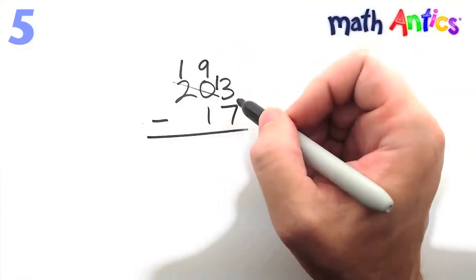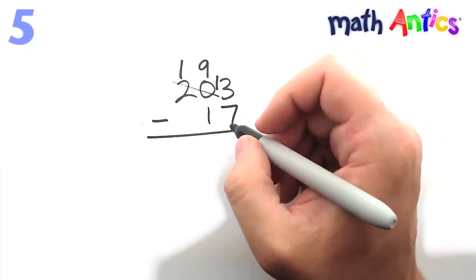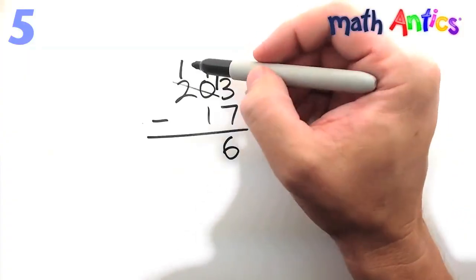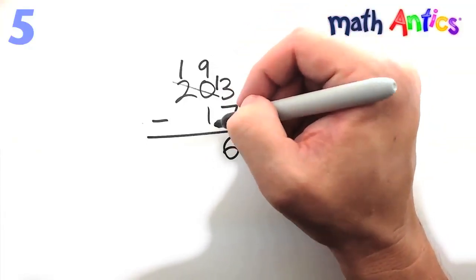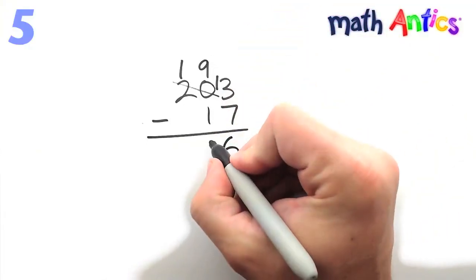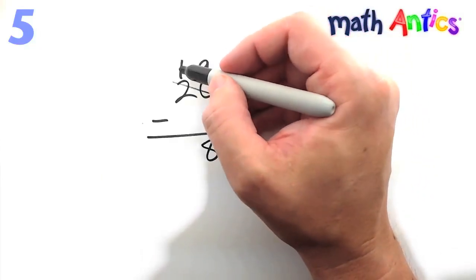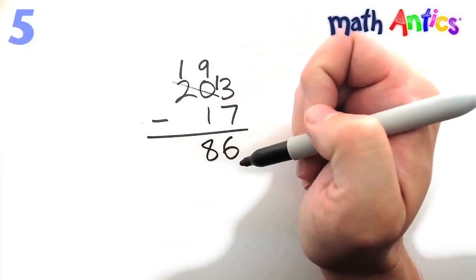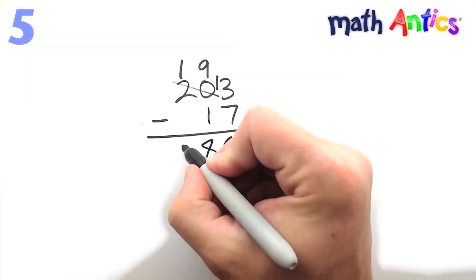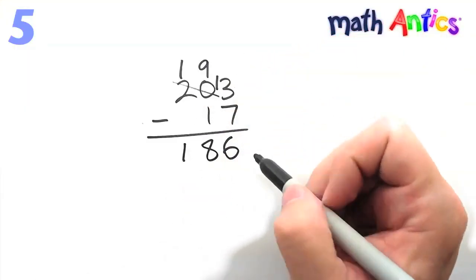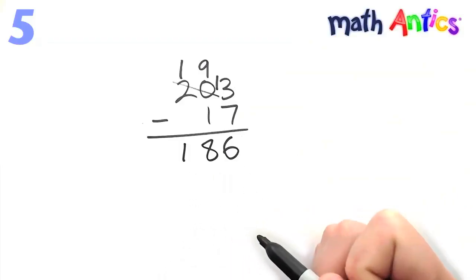So we have 13 minus 7, and 13 minus 7 is 6. So that goes in the answer line. And we move on to the next column. We have 9 minus 1. 9 minus 1 is 8. Put that in the answer column. Next column over is just a 1 with nothing to subtract from it. So we put the 1 in the answer line. And so 203 minus 17 equals 186.